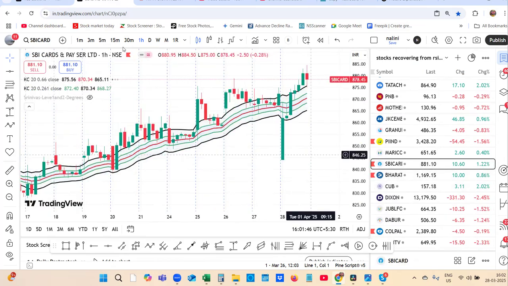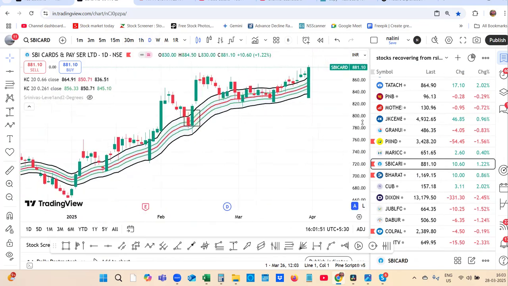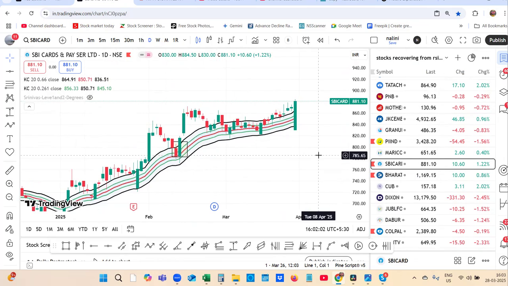SBI card. Let us go to daily. Why this behavior? Because it had gone up and it has tested this 0.66 level and it has, oh, what a move it is.